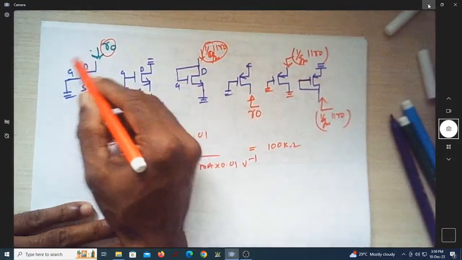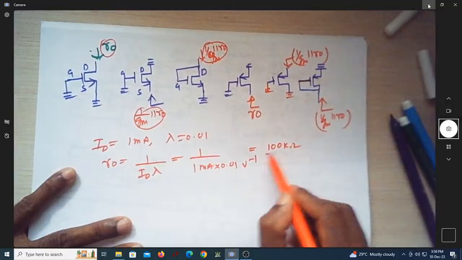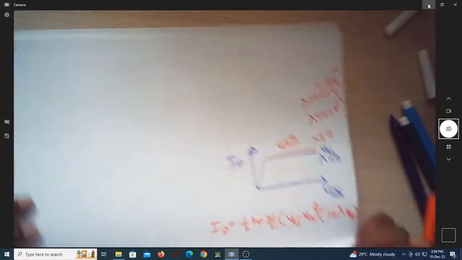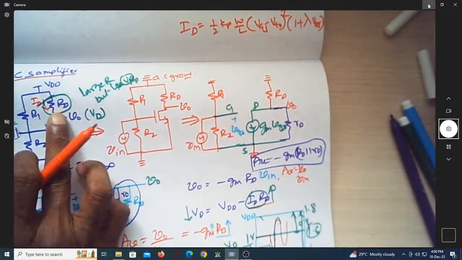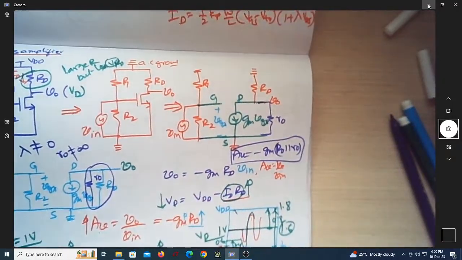Now this MOSFET will give me a resistance of 100 kilo ohm, which was very difficult to achieve here. Of course, you can connect a 100 kilo ohm resistor, but what happens to this VD? This will become so large that VD becomes negative.